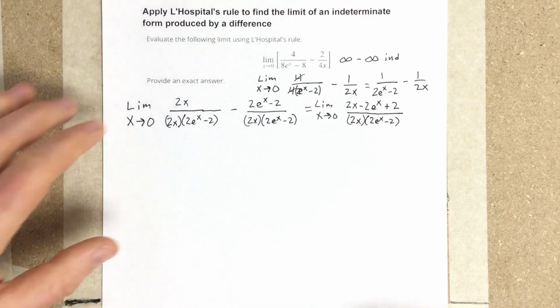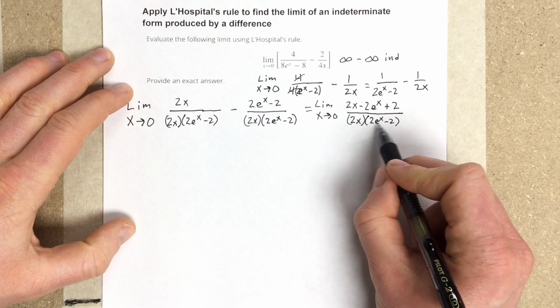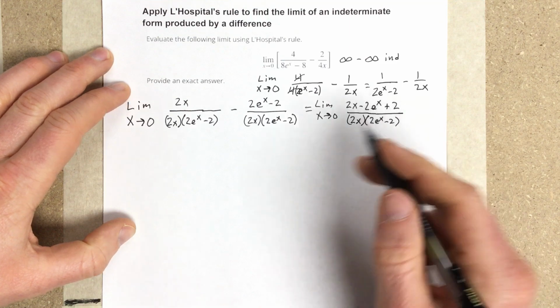Alrighty. Let's factor a 2 out of the numerator and the denominator.